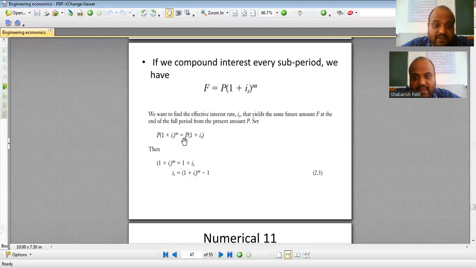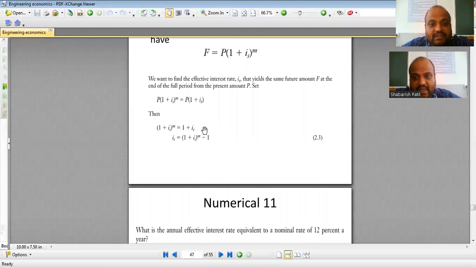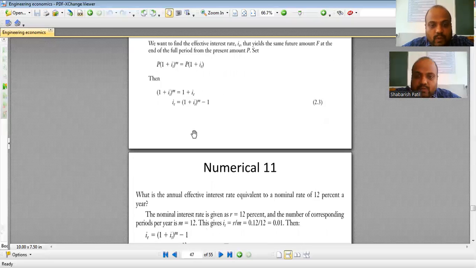This is my effective interest. If I simplify this formula, I will get a relation for effective interest: your effective interest is equal to (1 plus is) raised to m minus 1. Please remember this expression, or just try to understand how it is derived. Your effective interest is equal to (1 plus is) raised to m minus 1.